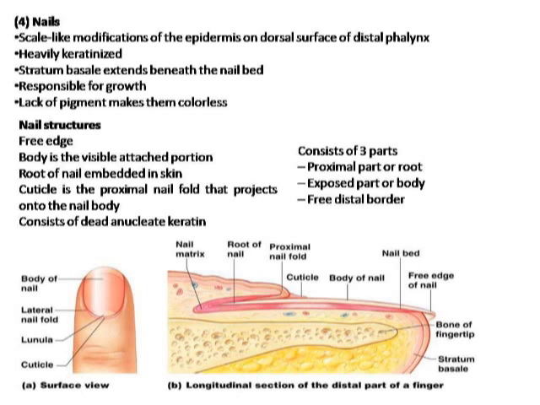Next is the nail. So the nail is a scale-like modification on the epidermis, which is heavily keratinized, and stratum basale extends beneath the nail bed.